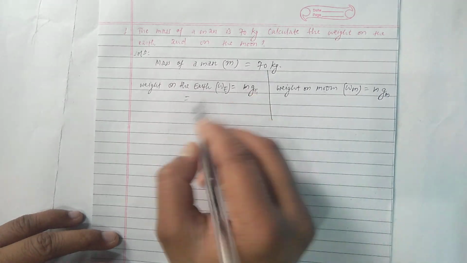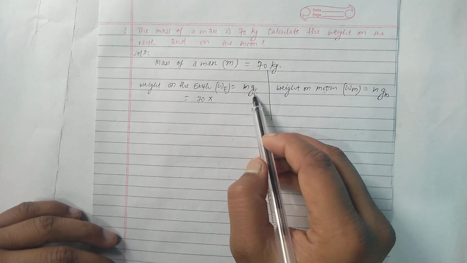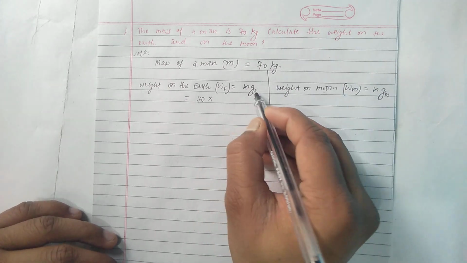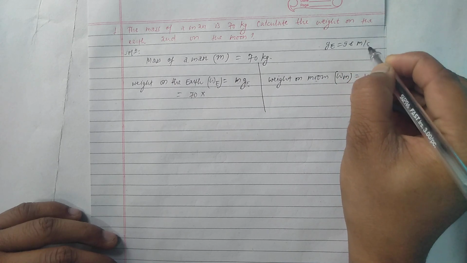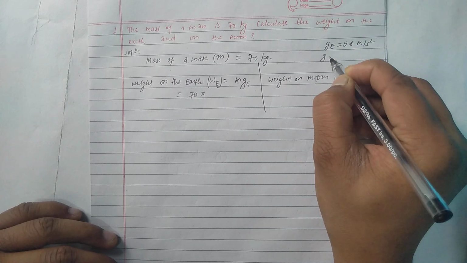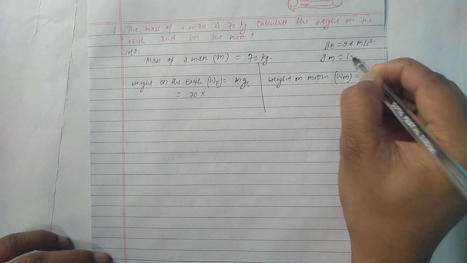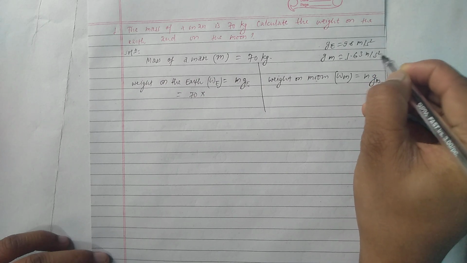With mass. We have given mass is 70, and the value of g, that is acceleration due to gravity of earth, we know is 9.8 meter per second squared, and the value of g for the moon is 1.63 meter per second squared.